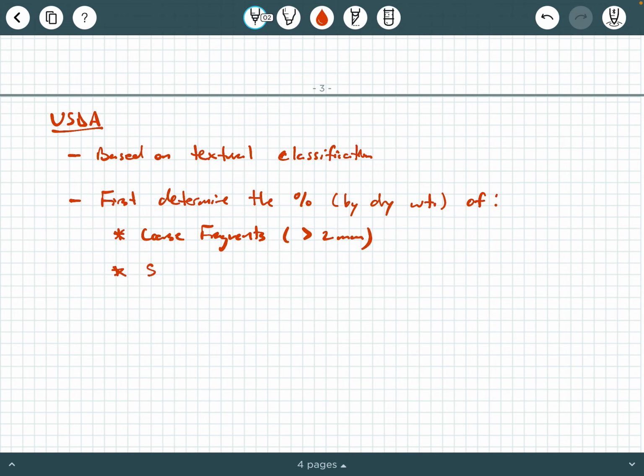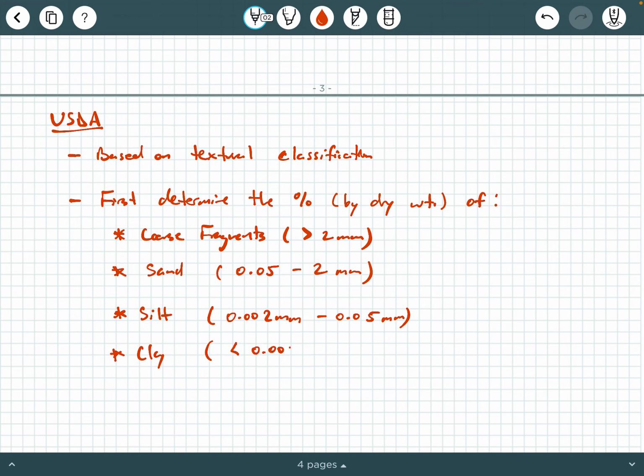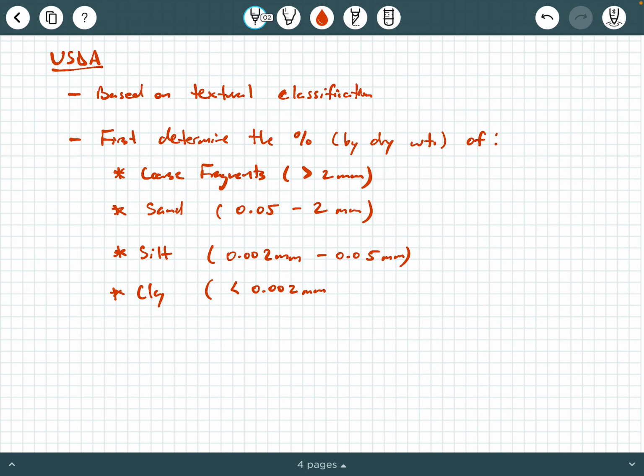sands, which are between 0.05 and 2 millimeters, silts, which are between 0.002 millimeters and 0.05 millimeters, and clay, which are less than 0.002 millimeters, which would be 2 micrometers.